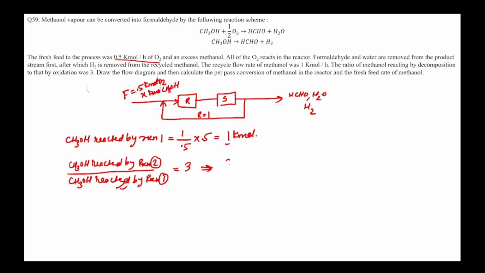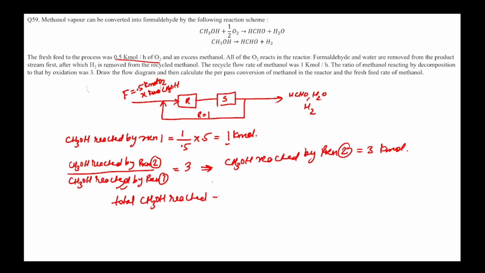So CH3OH reacted by reaction 2 is equal to 3 kilomole. Total CH3OH reacted is equal to 1 plus 3, which is equal to 4 kilomole.